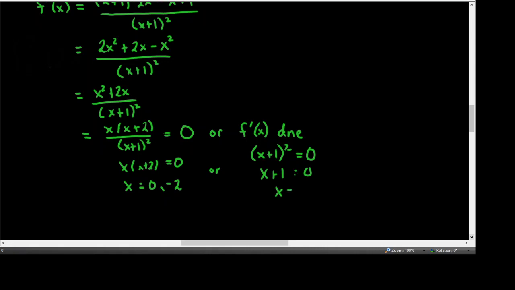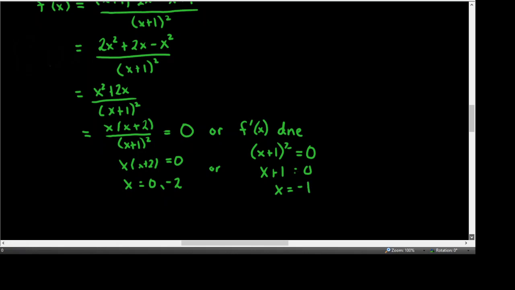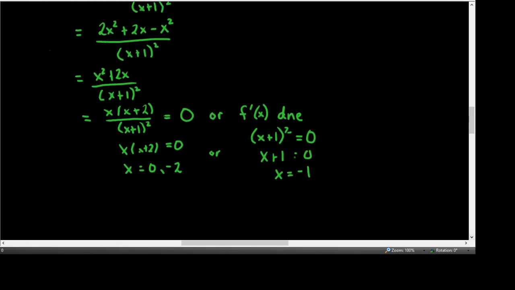And that gives us negative 1. Now, I don't know if you learned this in Calculus 1 or even in pre-calculus, but this tool I'm about to reintroduce you to, or introduce you to for the first time, is called the number line analysis.